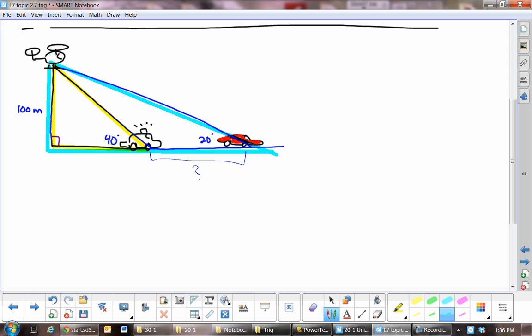Now, do you see if we took the blue big triangle and subtracted the little yellow triangle, I'm talking the bottoms, we would be left with our D right here, our distance. Okay? Because the blue, let's just look at the bottoms here. This blue right here minus this yellow, we would be left with this distance right here.